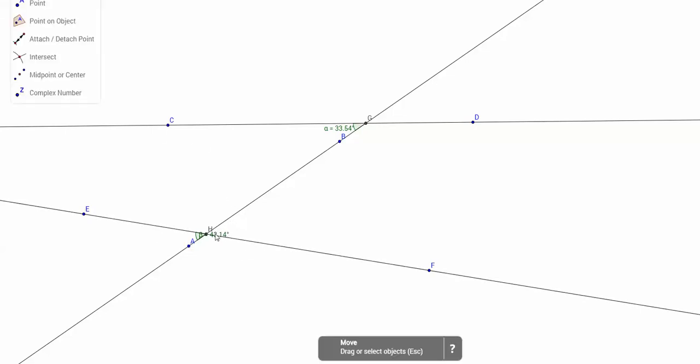I needed to start with E, then go to H, then go to A. Okay, so right now the measurement of this angle, I can move this a little bit. It's 43.14 degrees. So right now, nothing fantastic about them, but I want to know when would they be congruent.